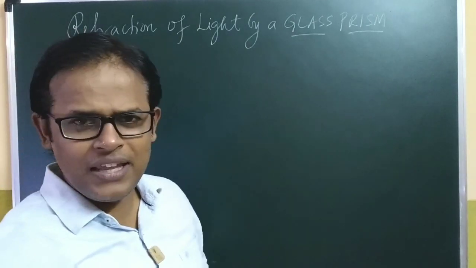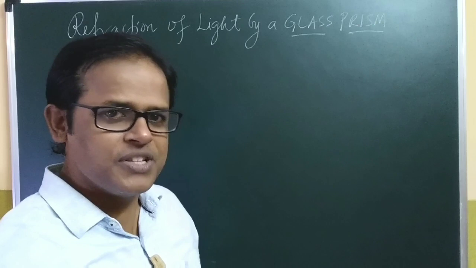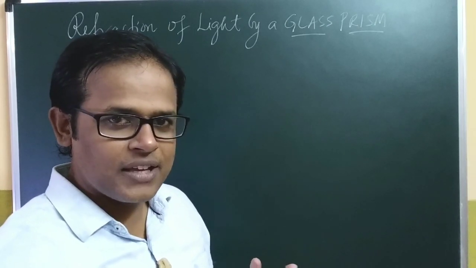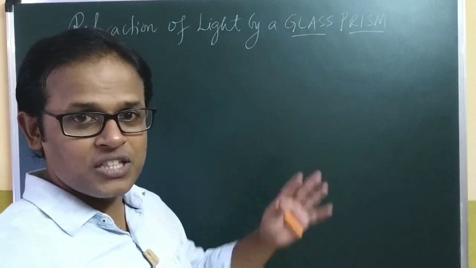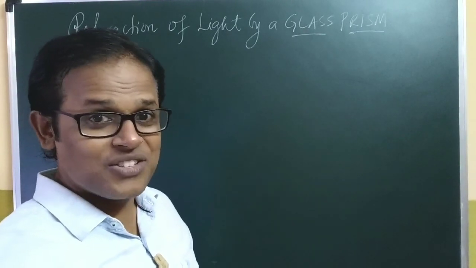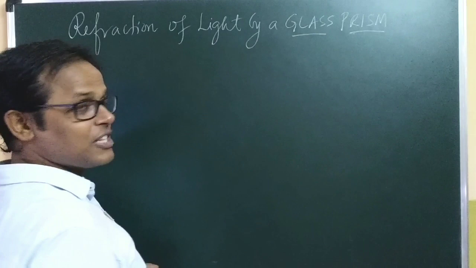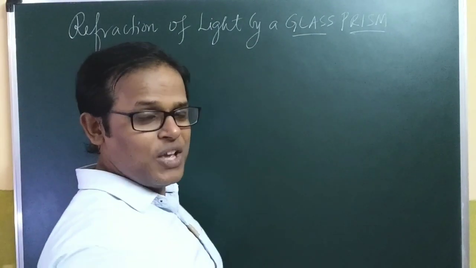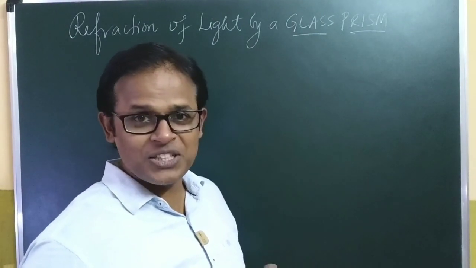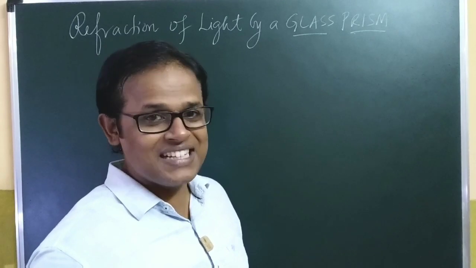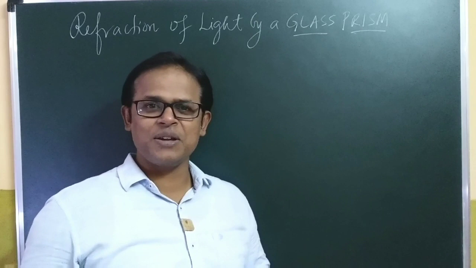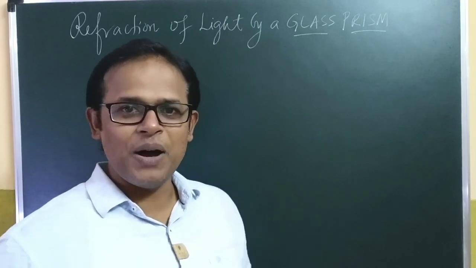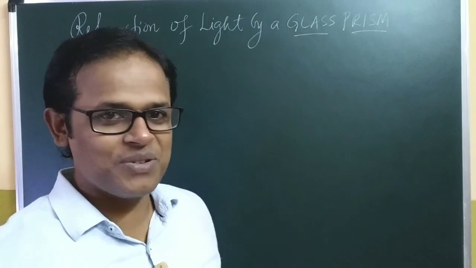Now, do you have any idea what a glass prism is or how it looks? I hope so. You have seen it in your school labs. If not, right now I can show you a 3D diagram of how a glass prism exactly looks. Historically, it's an important tool because one of the greatest scientists ever, Isaac Newton, used it to discover something more fundamental about the light coming from the sun.